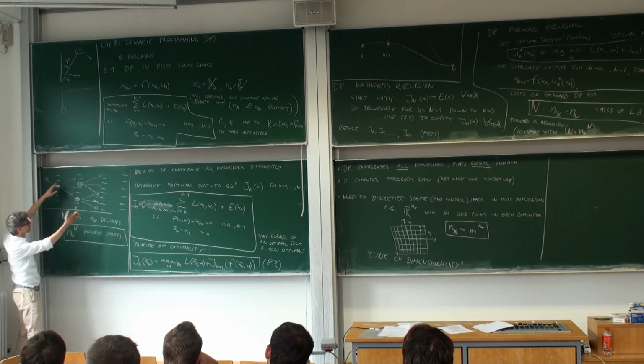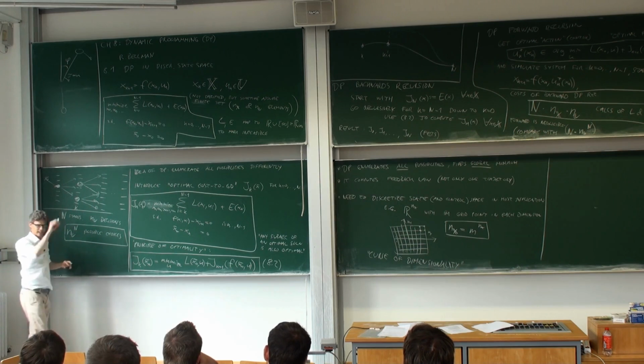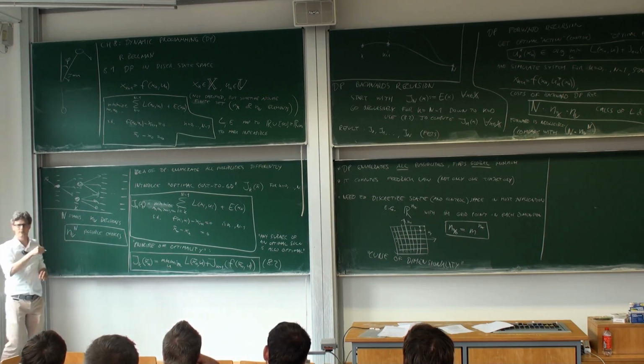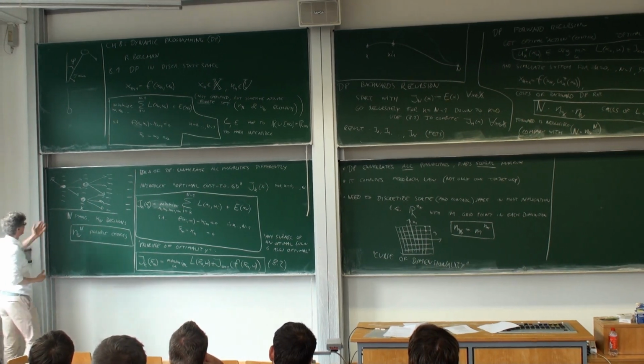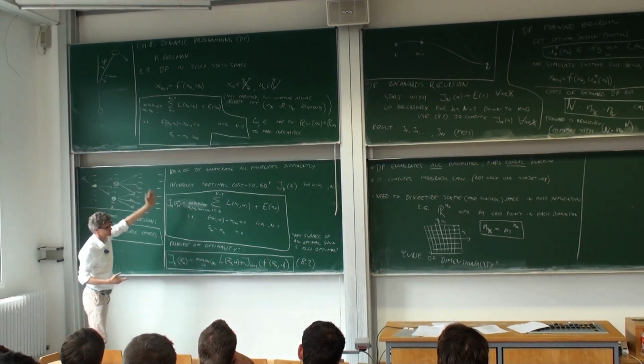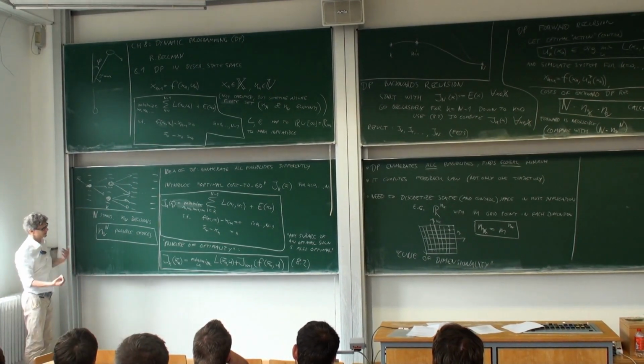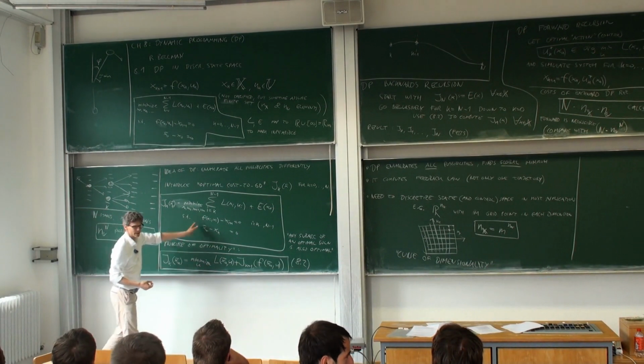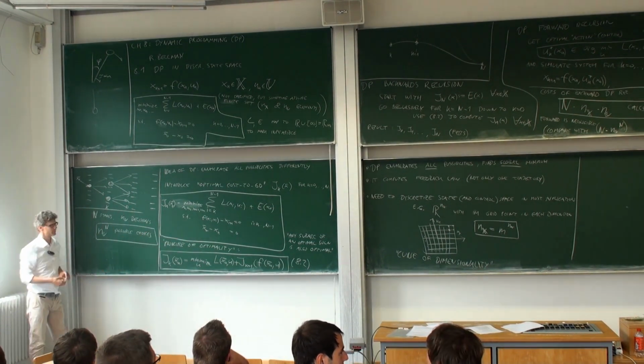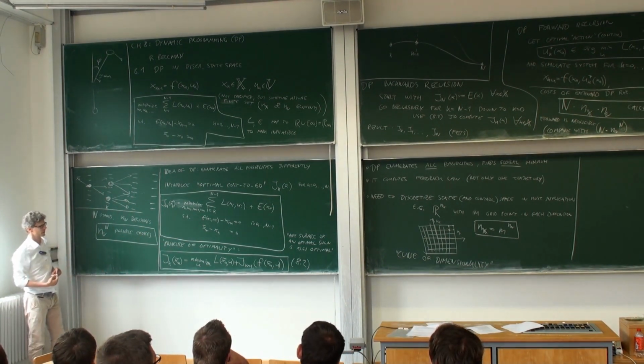So I fill all these memory locations, assigning to each state the cost to go of this state to the end. Once I have done that, I use this knowledge for a forward sweep, and that solves the problem. And if I want to solve another problem with a different initial value, I can do that very quickly with another forward sweep, because I have all these costs to go.